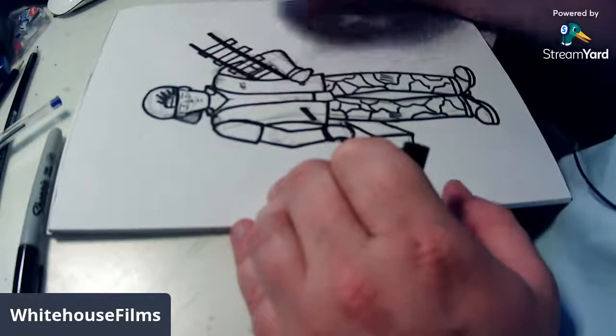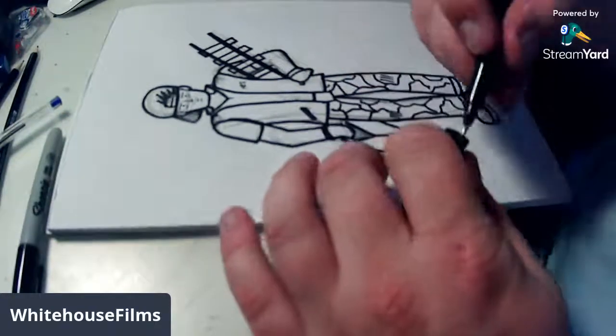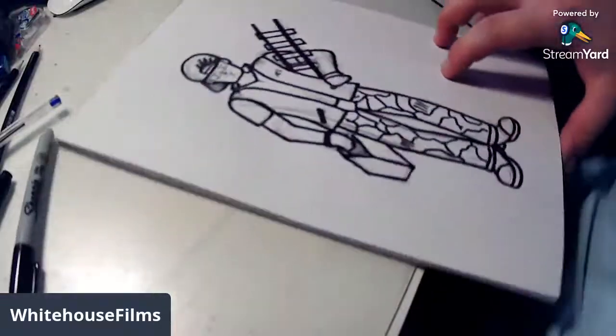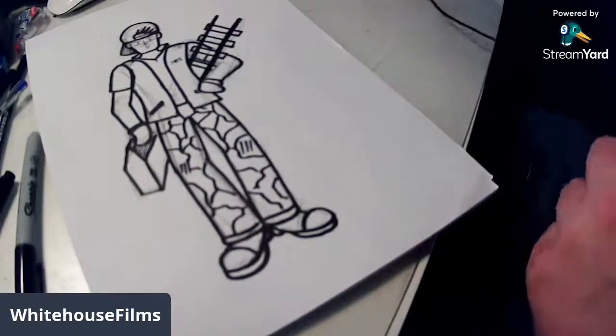Right, that is basically it now. Can't think of anything else to draw at the moment. So that's pretty much the whole main cast of Miniature Adventures in terms of characters.